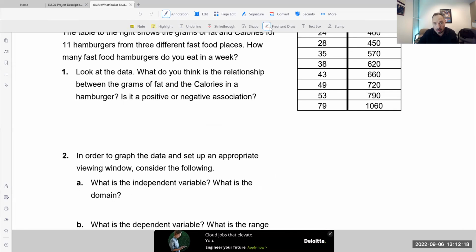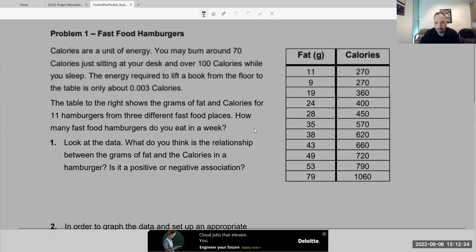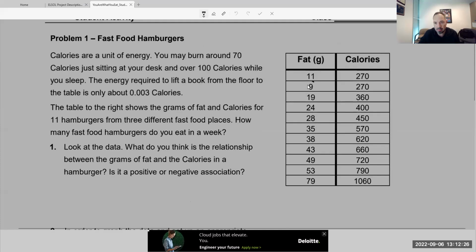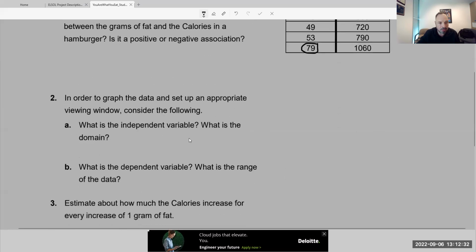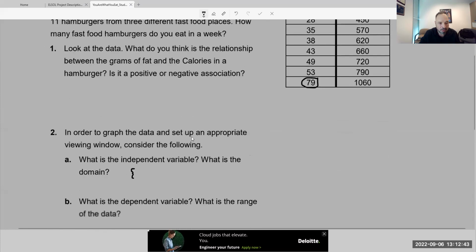What I want to notice here is that I start with a 9 and end with a 79. In terms of the independent variable and domain, you'll say the independent variable is the number of fat grams.